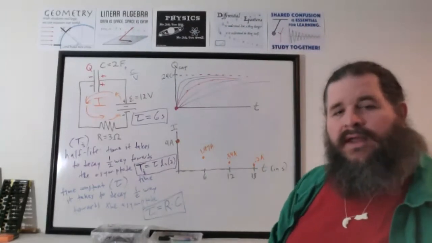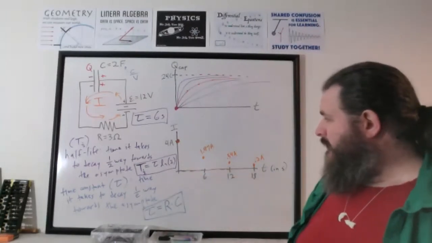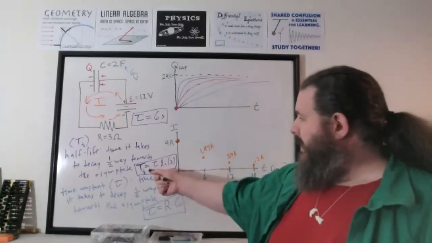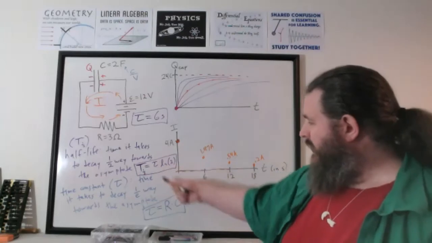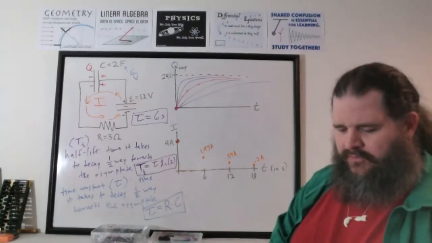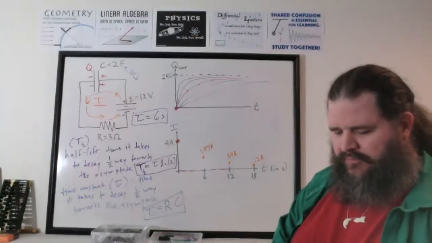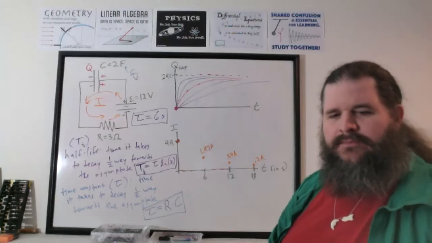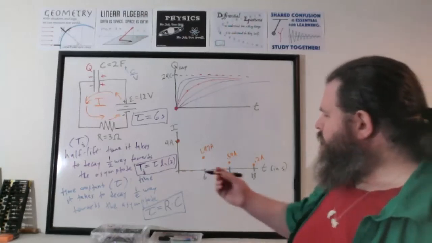And if you want even more accuracy, more data points that are fairly easy to get, you can also use the half-life. The half-life is that same tau, 6 seconds, times the natural logarithm of 2. So 6 seconds times ln 2 is going to be about 4.16.